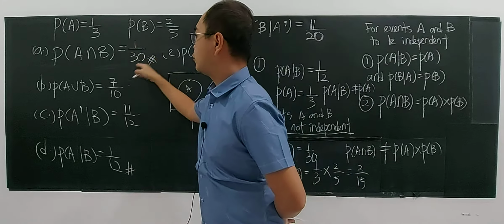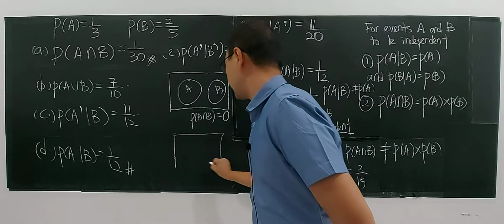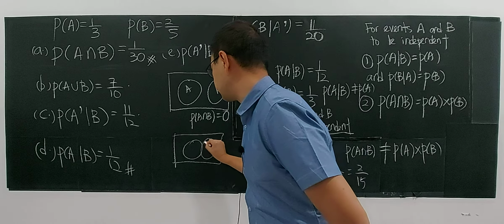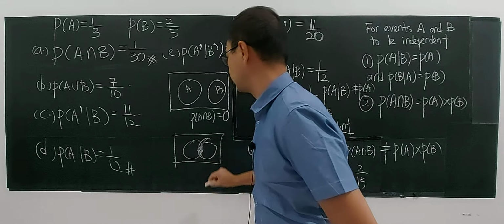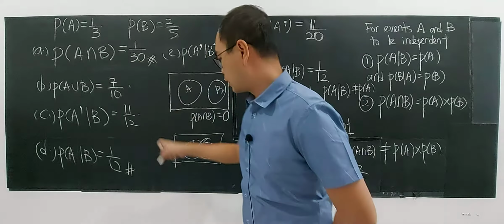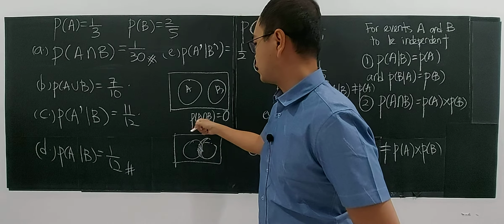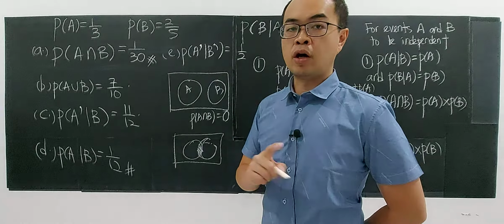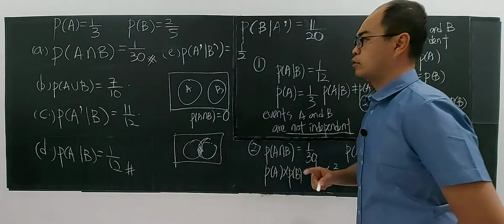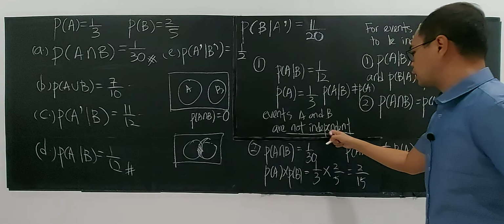But there is a value here, which means there is an intersection. This shows that events A and B are not mutually exclusive, and also not independent.